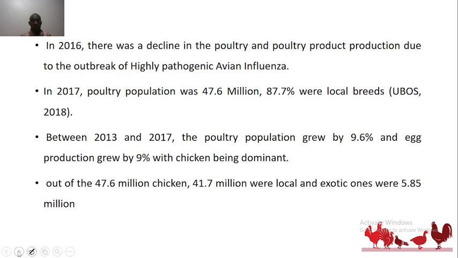In 2016, that's where we saw a decline in poultry production. The production of poultry products decreased due to the outbreak of what we call HPAI, highly pathogenic avian influenza.